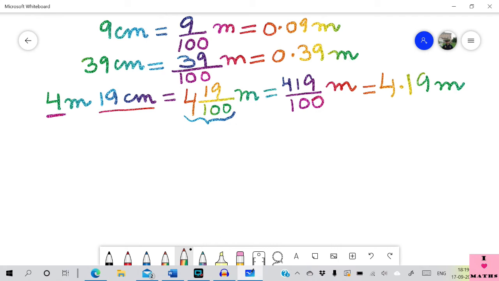Beta, in the previous video I told you that to the left of the decimal is the whole number part and to the right of the decimal is the fractional part. Okay.